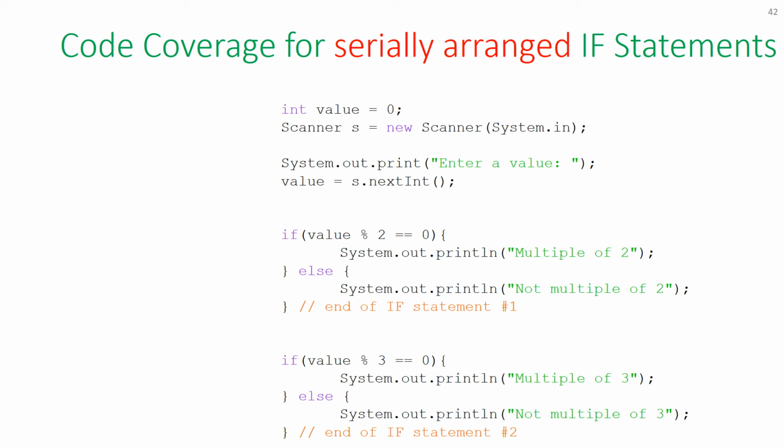Yes, no. The second one asks, is it a multiple of 3? Yes, no. So a program that is a little bigger than the trivial example we had before, but still not completely out of control. Now the question is, how many execution paths do you see through this code? How many different possible ways are there to run this code?